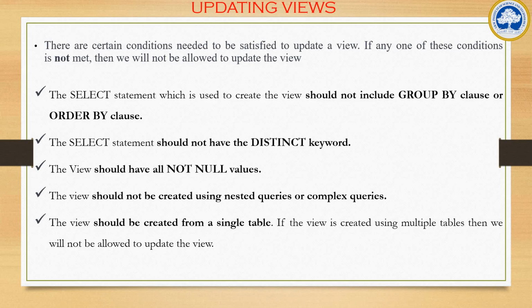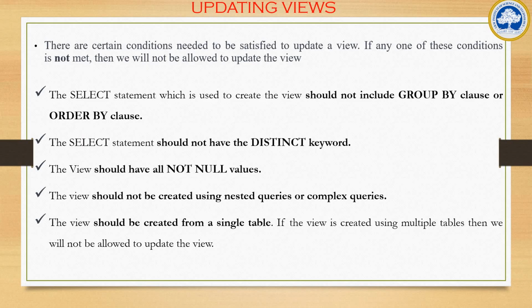The view must contain values. And the view should not be created using nested queries or complex queries. Views can be created using only simple things. If created using nested or complex queries, updating is not possible.